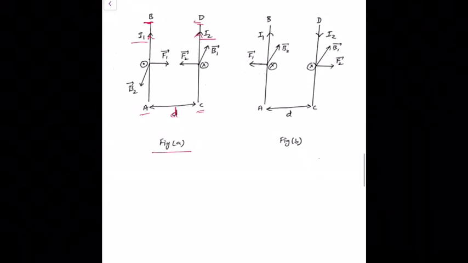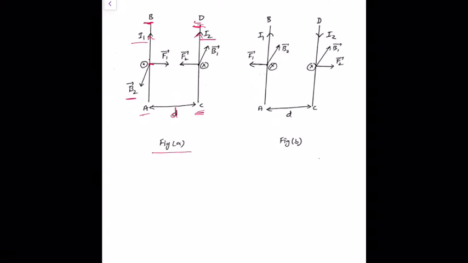So the magnitude of the magnetic field at any point on the conductor AB due to the current carrying conductor CD is given by, here B2 is the magnetic field due to current carrying wire CD.